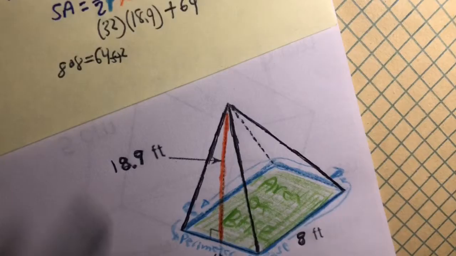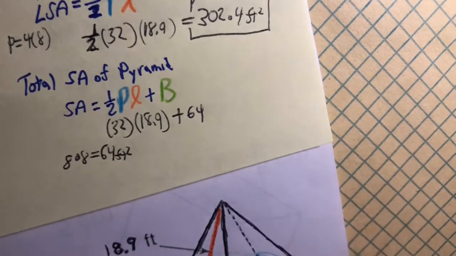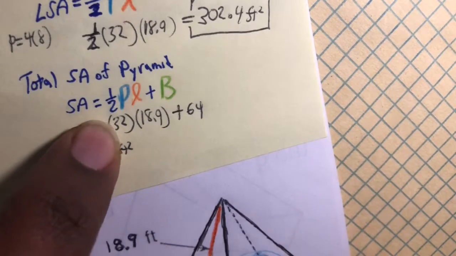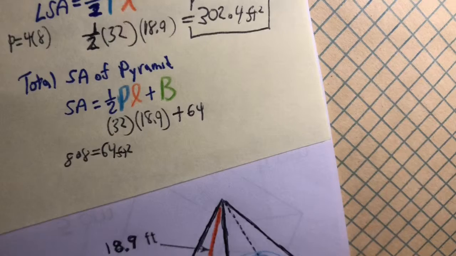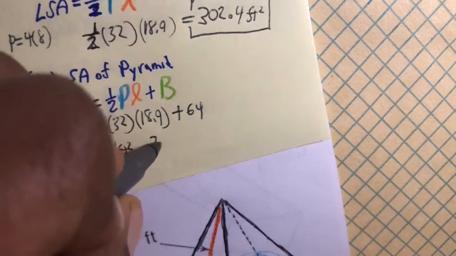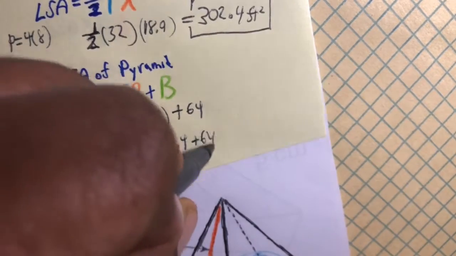Keep in mind that pyramids only have one base, so in the formula it's just plus B and no other stuff. So what is 64 plus 1/2 times the perimeter times the slant height? That is going to be 302.4 plus 64.